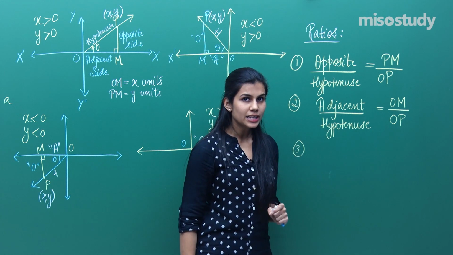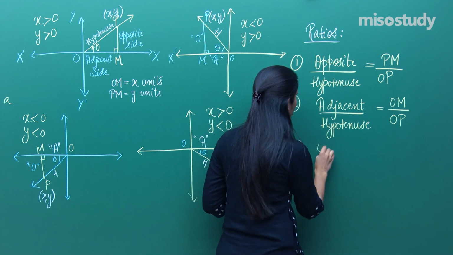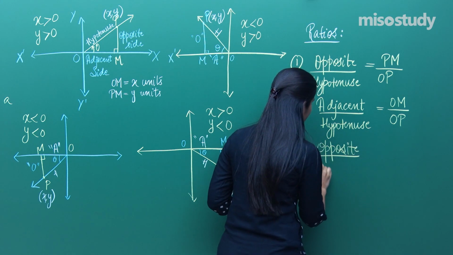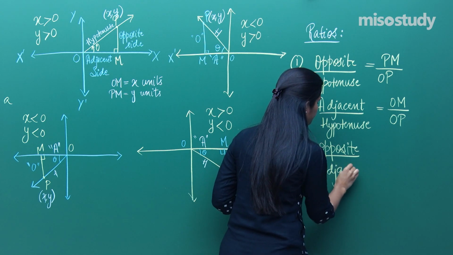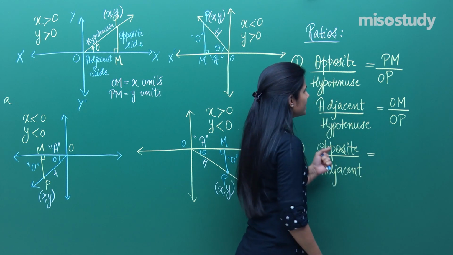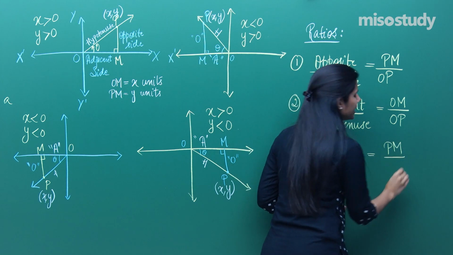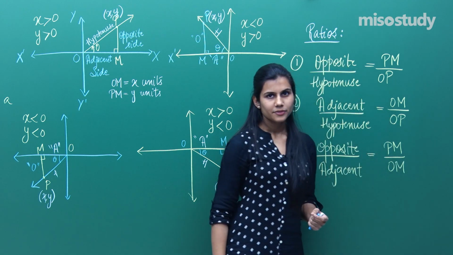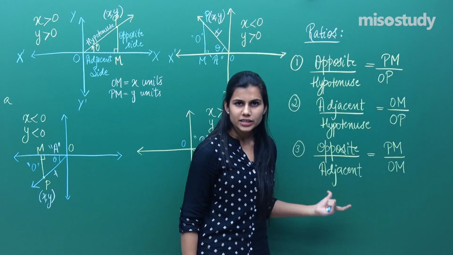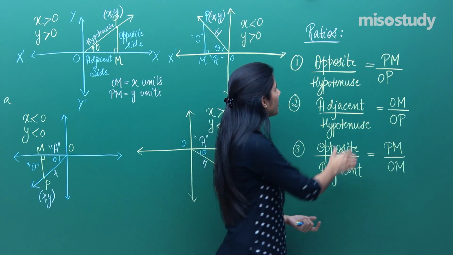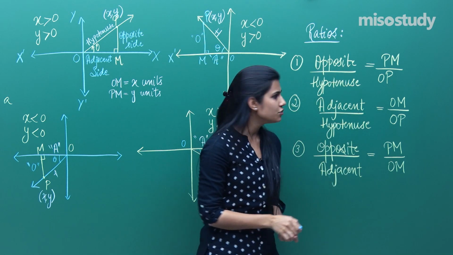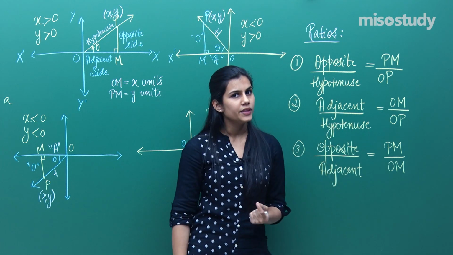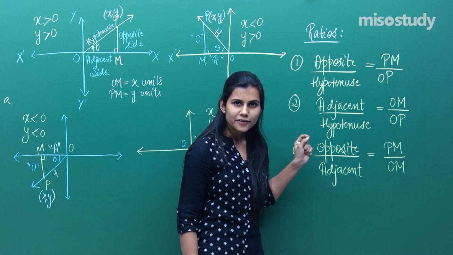The third ratio that I am interested in takes the ratio of opposite with the adjacent. What is the opposite side? Opposite side is PM and the adjacent side is OM. These three ratios in the first case I have defined: the opposite side with the hypotenuse, the adjacent side with the hypotenuse and the opposite side with the adjacent. This is what I have defined.